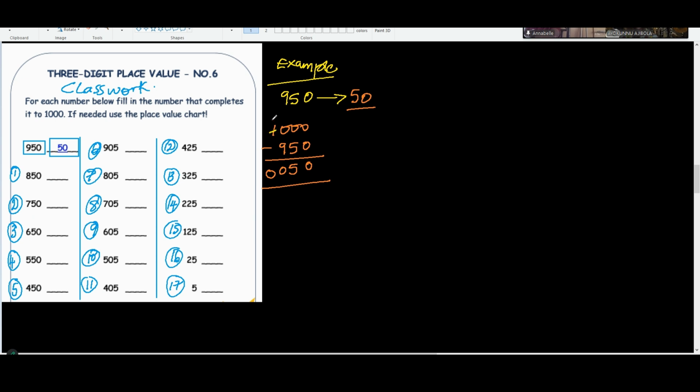So you borrow this 1, it becomes 0 and becomes 10 here. Then you borrow 1 again, it becomes 9 and this becomes 10. So finally, what is 10 minus 5? That's 5. Then what is 9 minus 9? That's 0, and there is the other 0. So the answer is 50, okay?